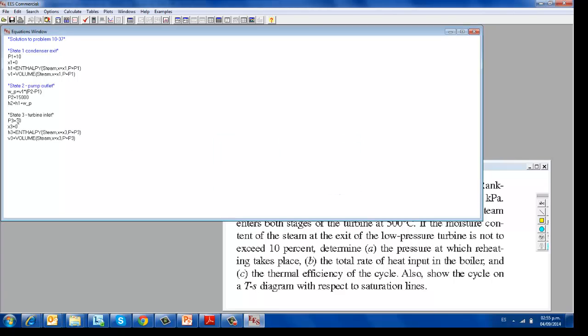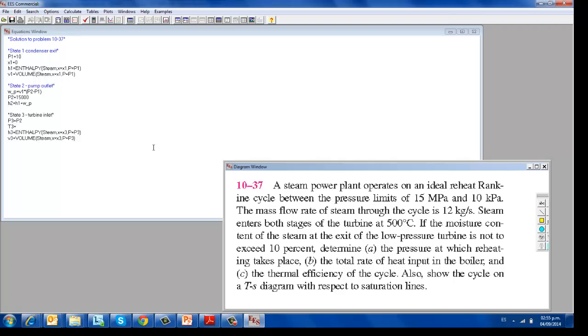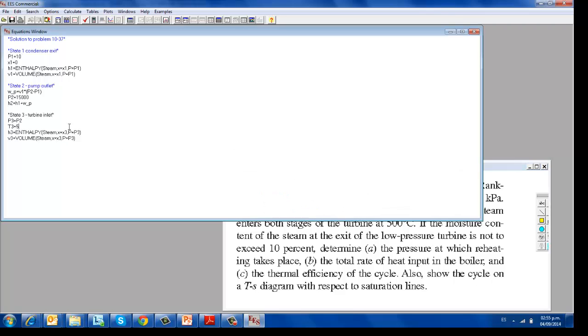I did some things that I didn't want, but I am changing them anyway. So this is P2, T3 equals 500. You can check it here, 500. I'll change this to say T3, and instead of volume, I will compute the entropy.